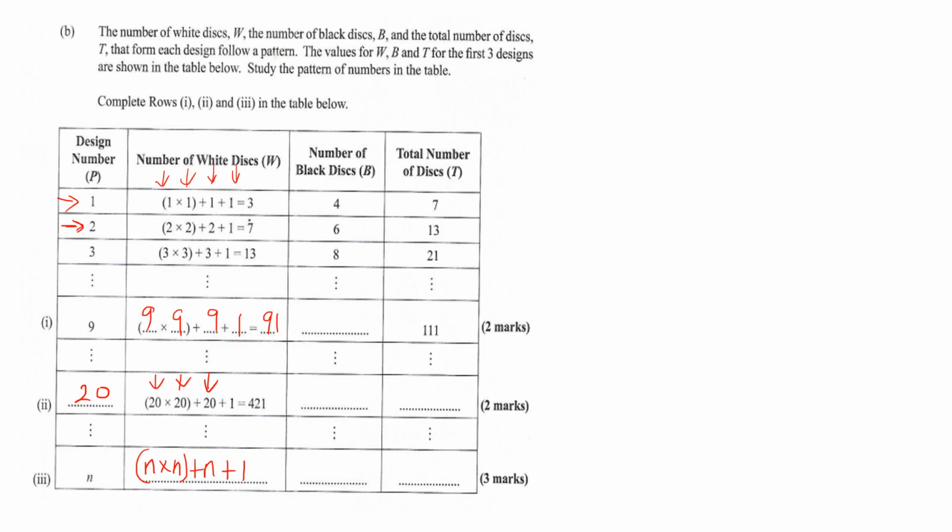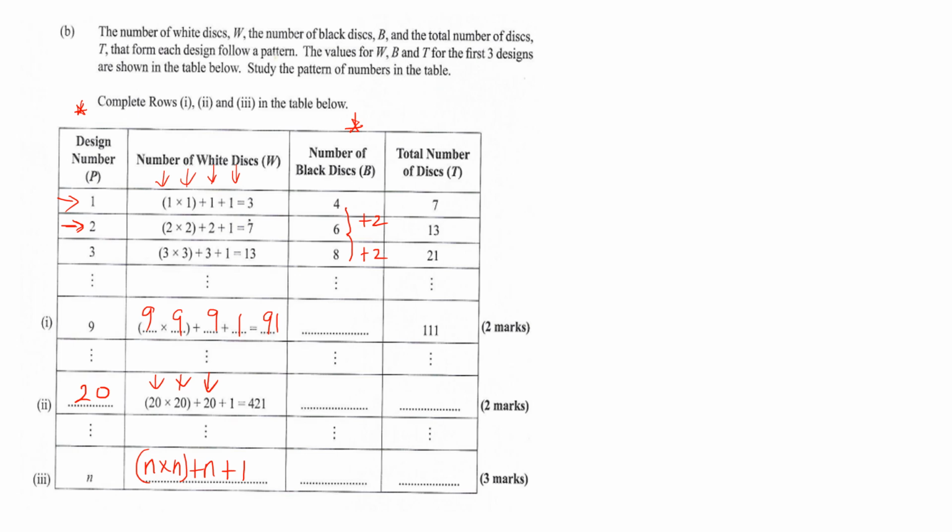Okay, so now let's go to the number of black discs. From here to here, you're adding 2, and here to here, you're adding 2. So first I need to get a relationship between the design number and the number of black discs.